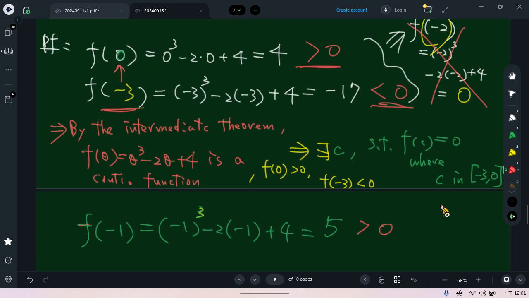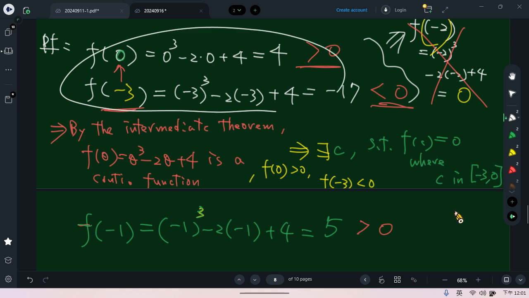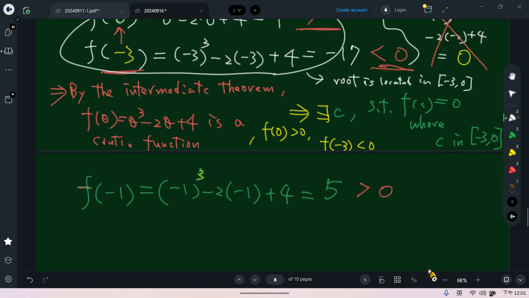So originally, based on these two, you just know the root is located in -3 to 0, right? But this time I try -1.